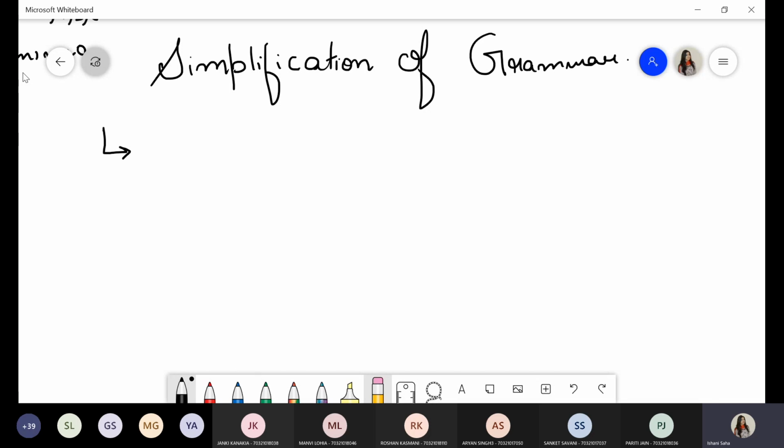And once we simplify it, we can then change it into any one of the normal forms. We have two normal forms, Chomsky normal form and Greibach normal form. There are other normal forms also, but in your syllabus we have these two standard normal forms, CNF and GNF. To convert any grammar into these two standard forms, we have to first simplify the grammar.